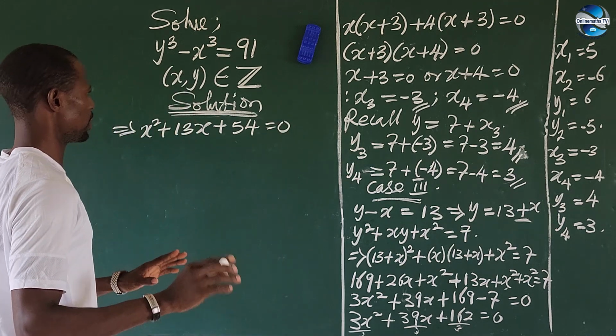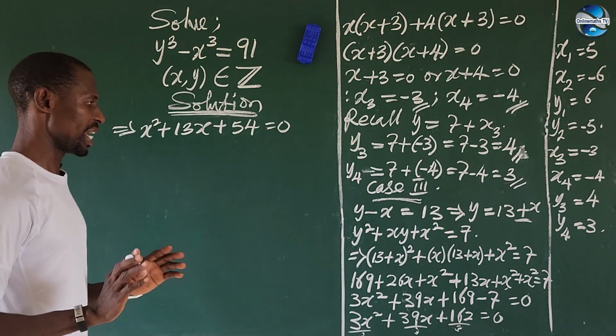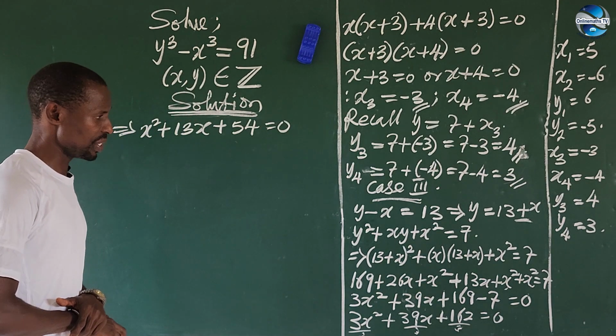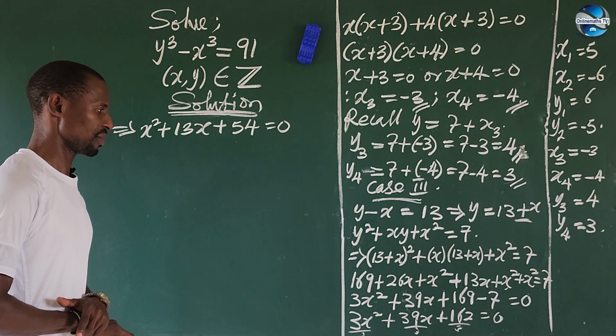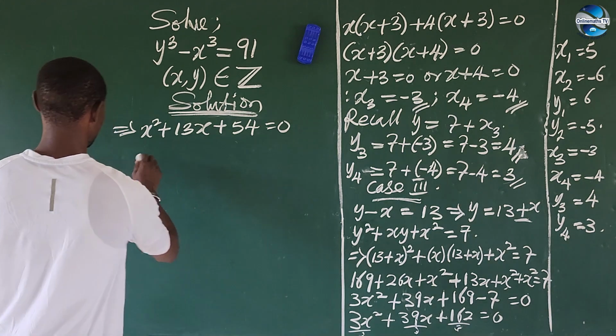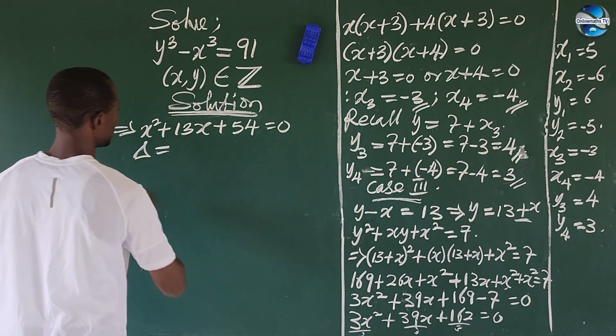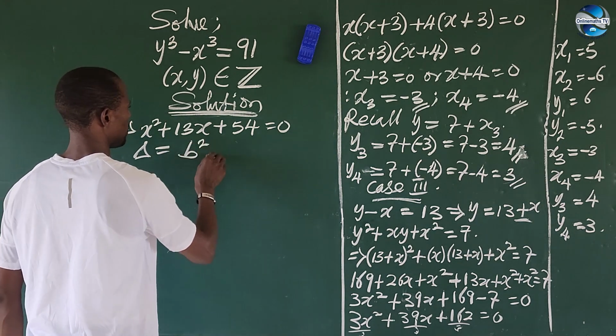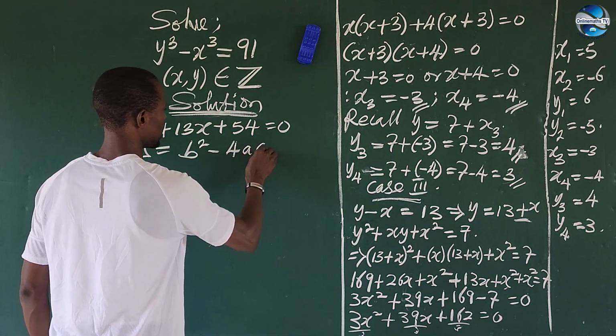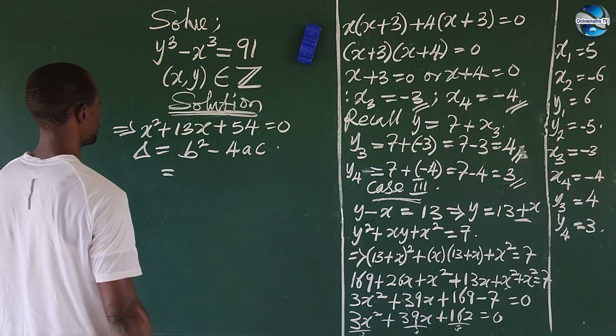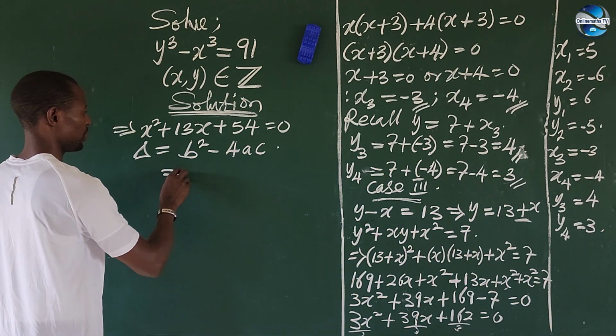Again, this is a quadratic equation, so we have to check if this will give us a real solution or an integer solution. Okay, so how do we get that? Let's check using our delta. This will give us b squared minus 4ac. So what is our b? Our b is the coefficient of x.